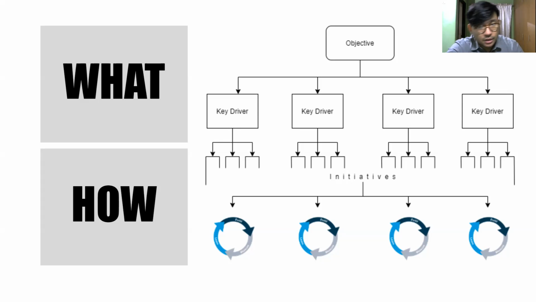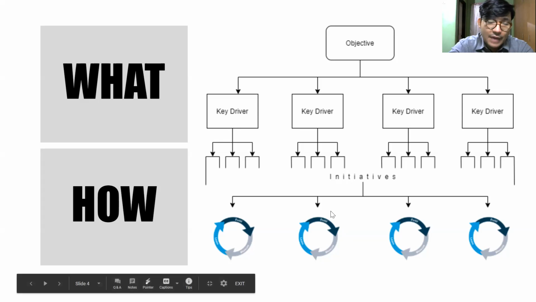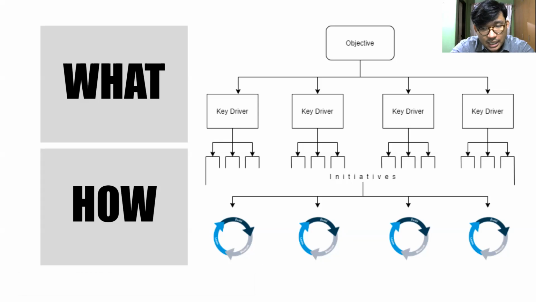One important factor when it comes to your initiatives is that it's not set in stone. When coming up with initiatives, it's important to have a list and a lot of different options, because you never really know which initiative will work or won't work. Even if you do a lot of research, it's always just an approximation. So you have to test out these different initiatives quickly and effectively.